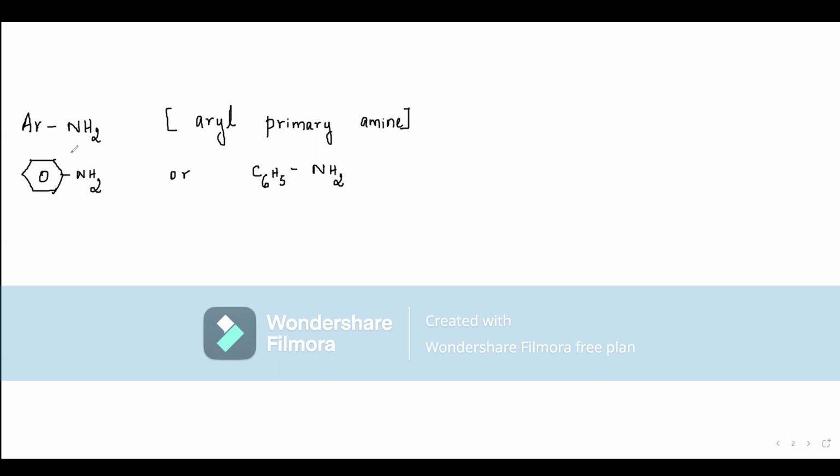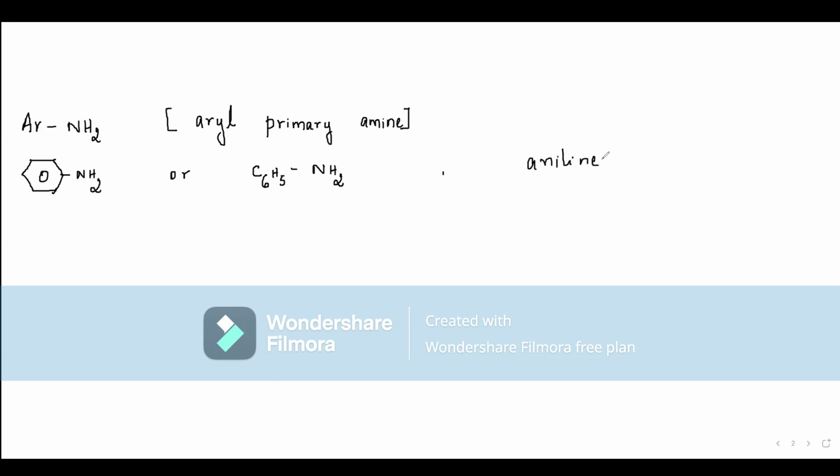Okay, now moving on. Aromatic amines are also there. ArNH2. Now, as per our ISC syllabus, we just need to learn about C6H5NH2, the phenyl group or the benzene ring connected to NH2. Now, this is called aniline.